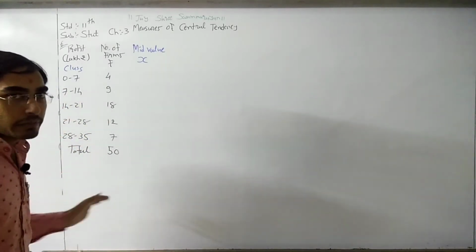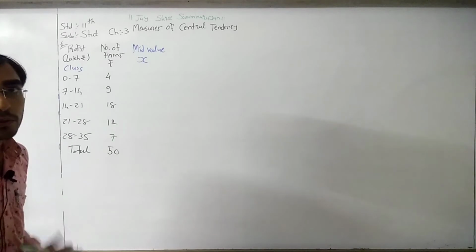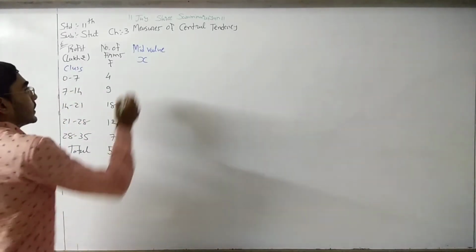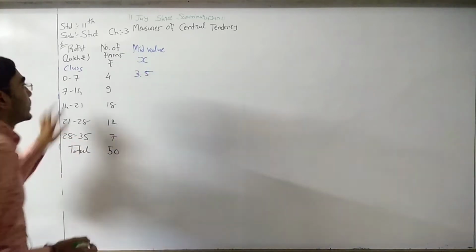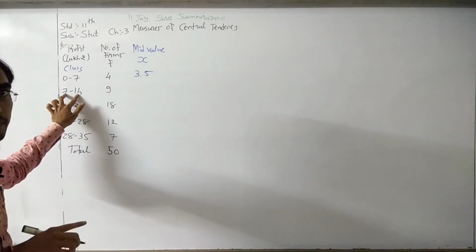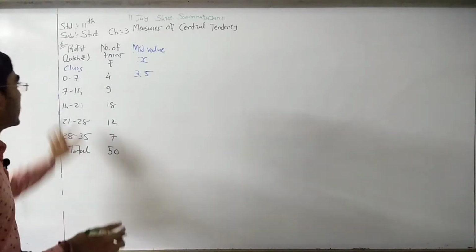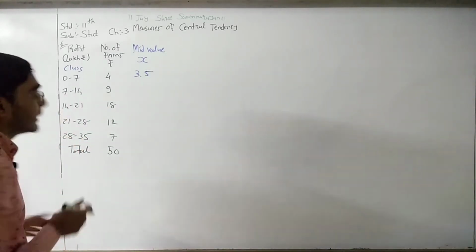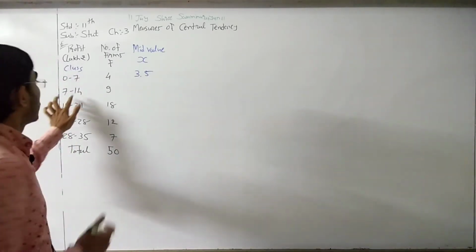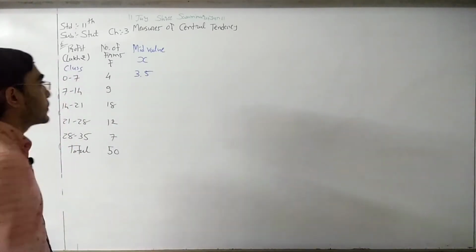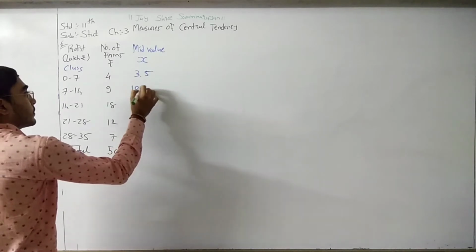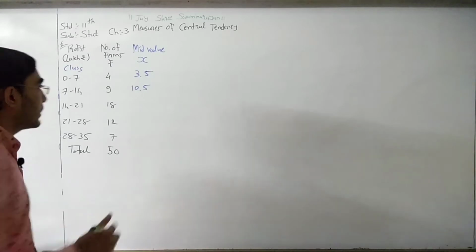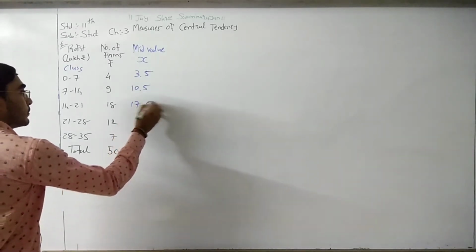Directly we can find it, otherwise, if we don't know the direct value, then 7 plus 0, 7 divided by 2, 3.5. Here 14 plus 7, 21 divided by 2, 10.5. Then 21 plus 14, 35 divided by 2, 17.5.